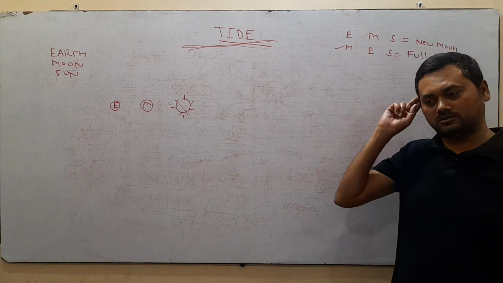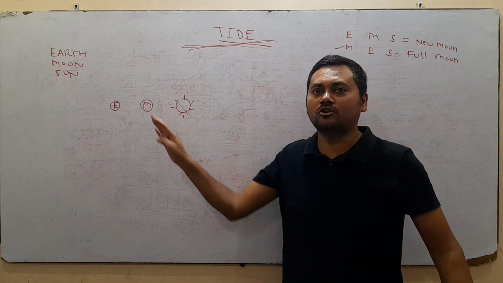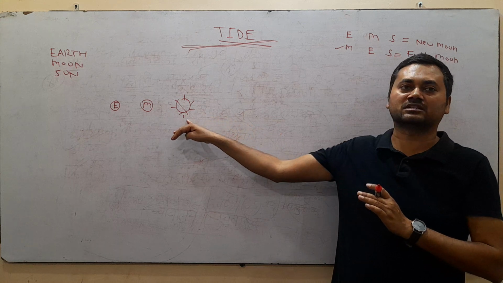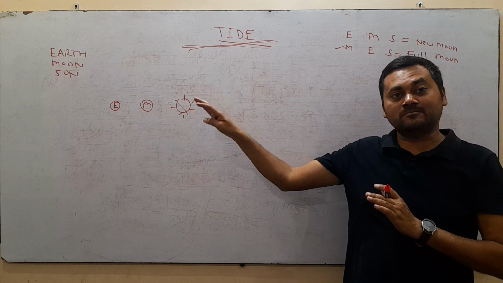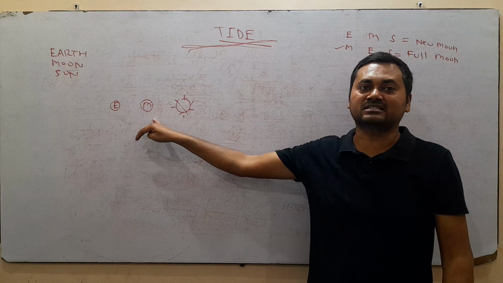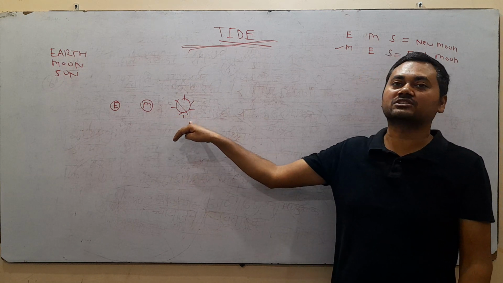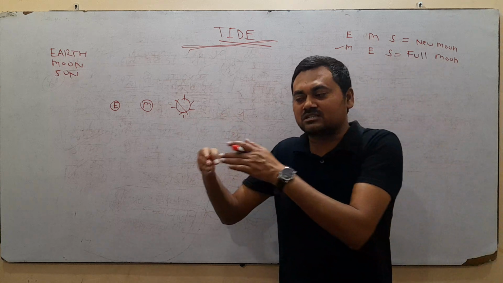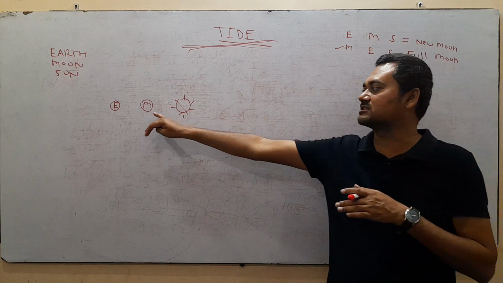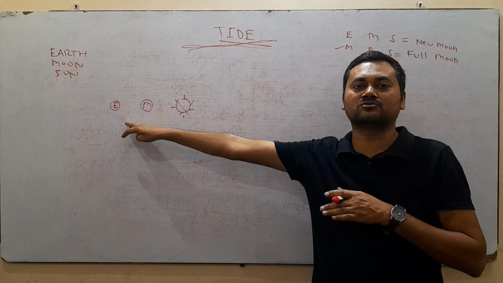You should know one thing, that the moon is smaller in size in comparison to the sun, but it plays a more crucial role in generating the tide as compared to the sun. Why? Because the distance of the sun is very far in comparison to the distance of the moon with respect to the earth.